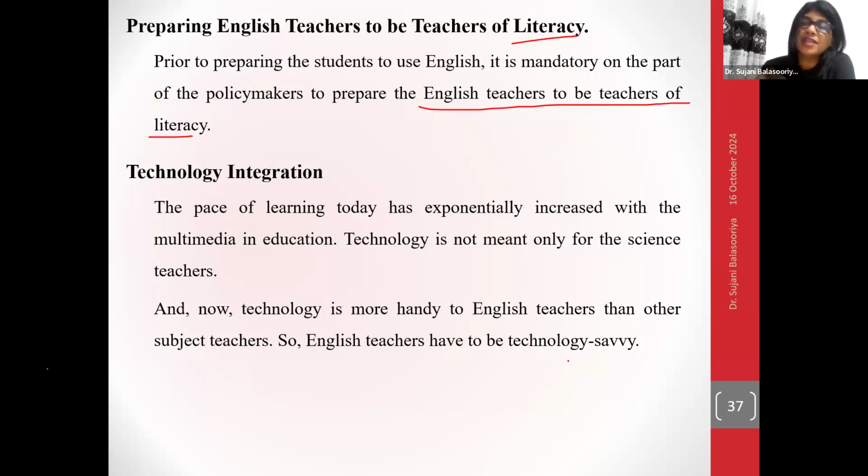So technology in various aspects. It is not only using multimedia, right? It's not only that. It involves several aspects, right? The teacher should be computer literate also. She or he should be able to integrate technology into the teaching of the English subject effectively.